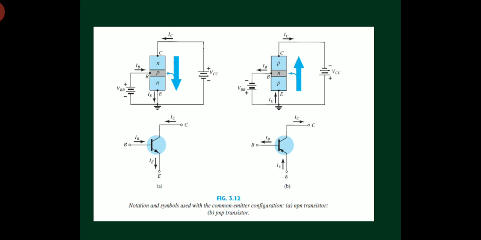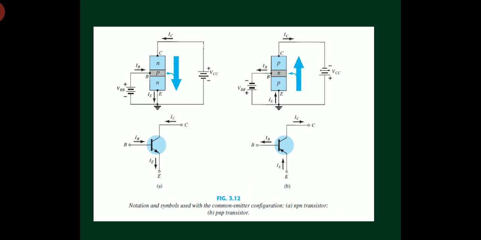VBE is the voltage across the input junction, so it is the voltage developed across emitter and base, and VCE is the voltage developed at junction JC, which is the output junction.